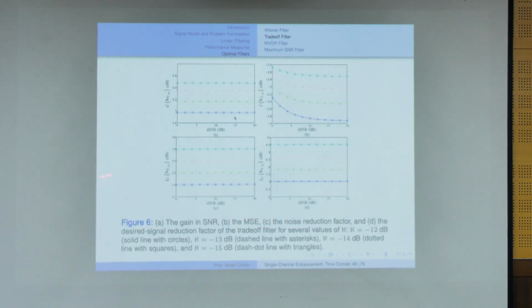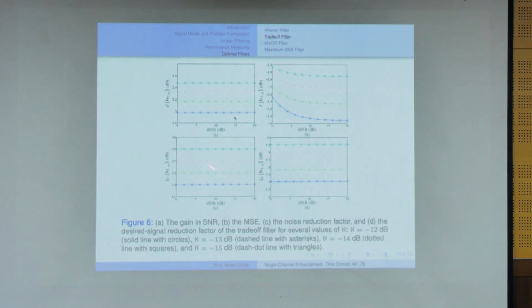This plot is the gain in SNR. These are some performance measures: the gain in SNR, the mean squared error. You see, we check the mean squared error, not the weighted mean squared error. Here is the noise reduction factor, and this is the desired signal reduction factor.